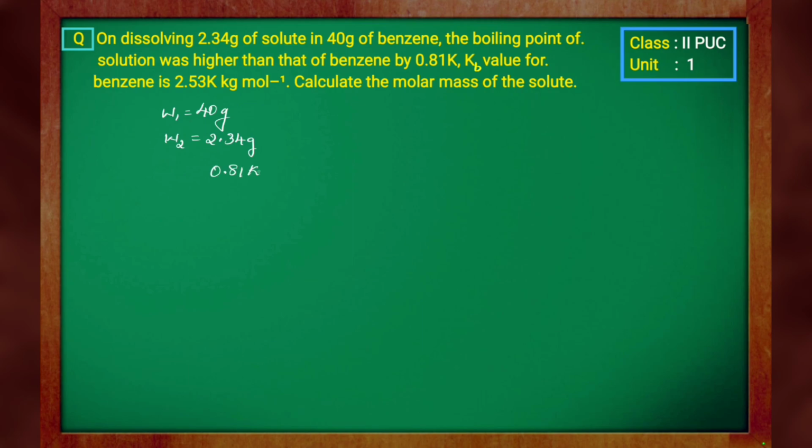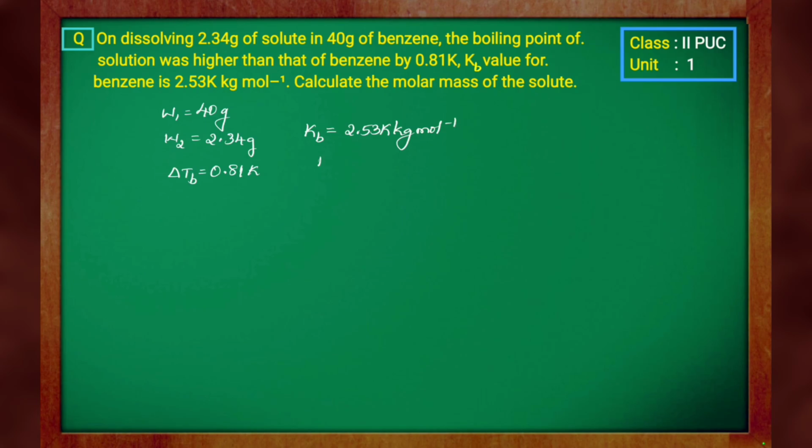Means we observe an increase in the boiling point, which is elevation in boiling point, represented as delta Tb, which is equal to 0.81 Kelvin. So they have given us the value of Kb for benzene, which is 2.53 Kelvin kg per mole.